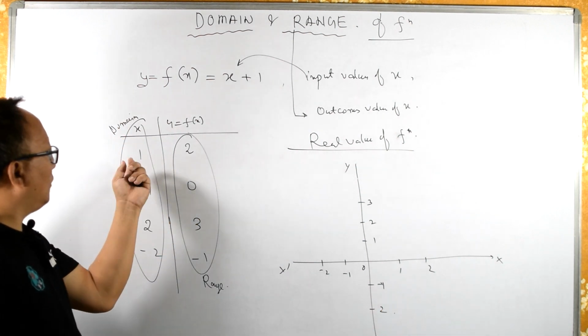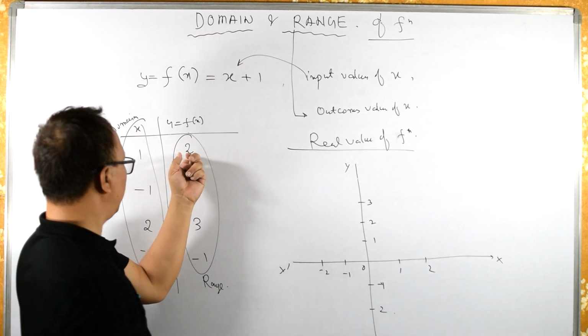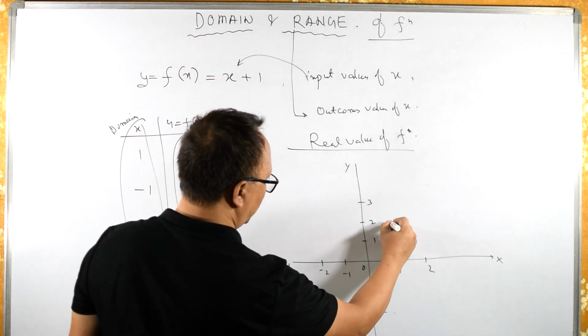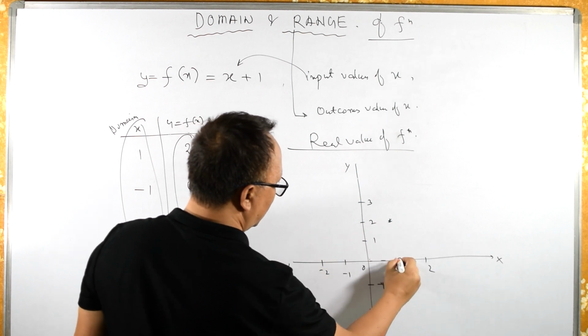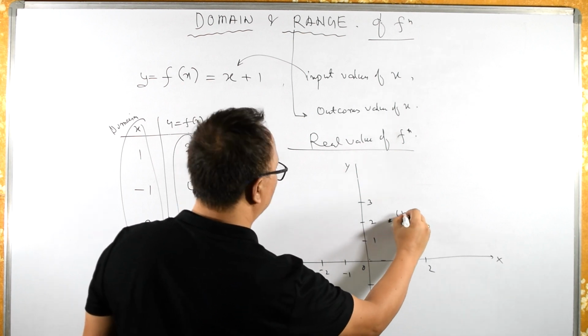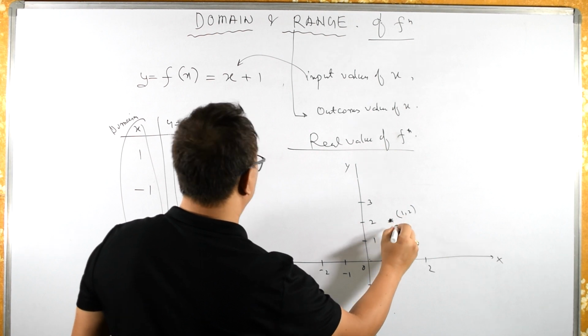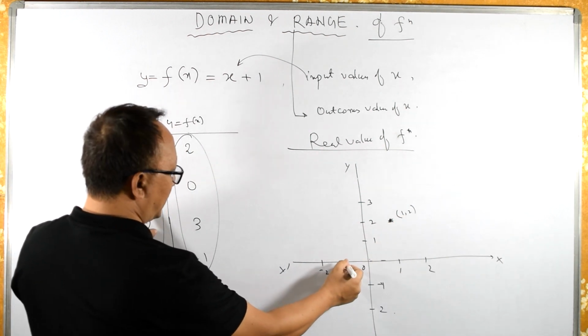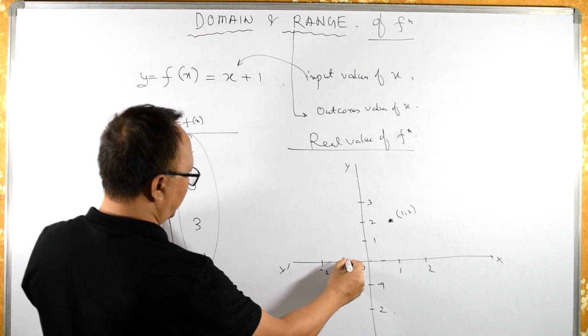Now for this point, 1 comma 2 over here. Okay, x is 1, y is 2. Now this point is what? 1 comma 2. And what about this one? Minus 1 comma 0. So this is minus 1 and then y is not going anywhere.